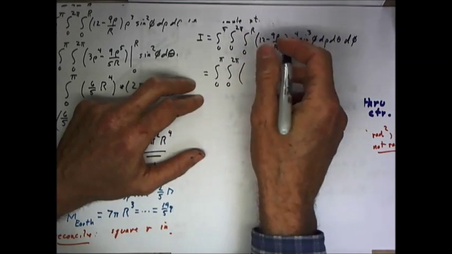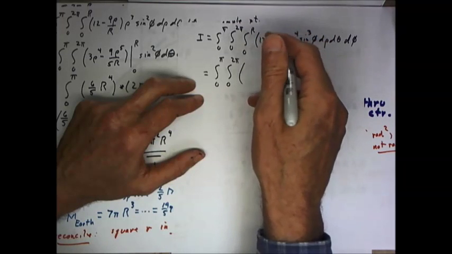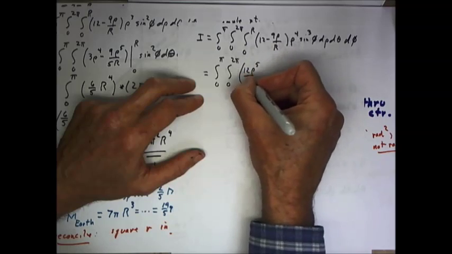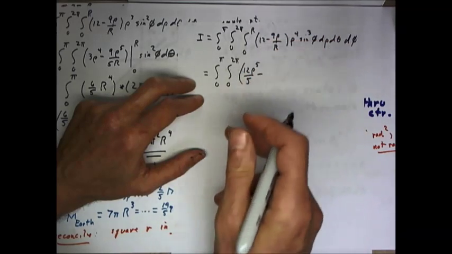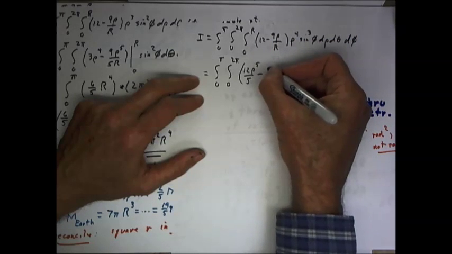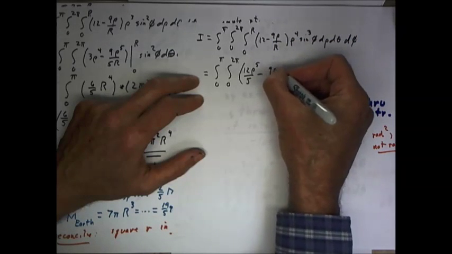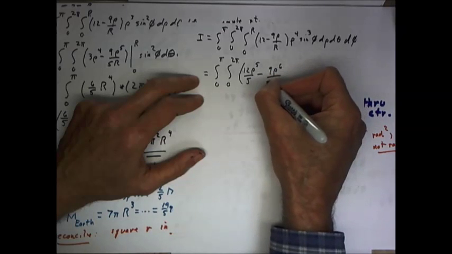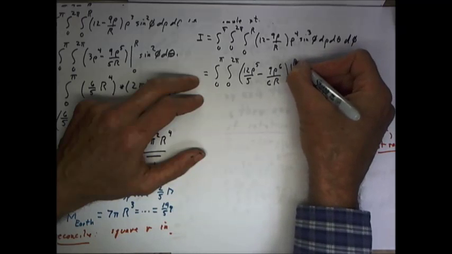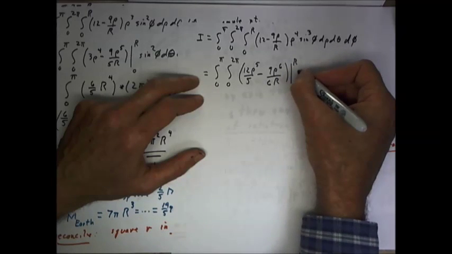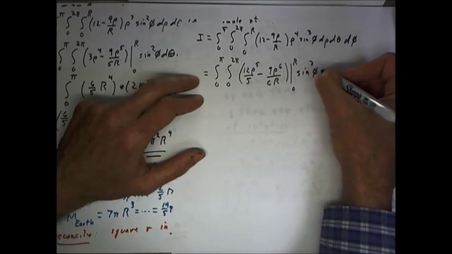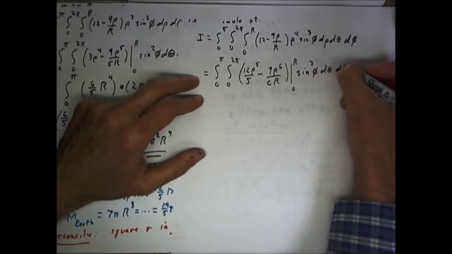Our antiderivative is going to be rho to the fifth over 5 here, so we're going to get 12 rho to the fifth over 5, minus 9 rho to the sixth over 6 times r, evaluated from 0 to r. And then that's going to be the integral of sine cubed phi d theta d phi.